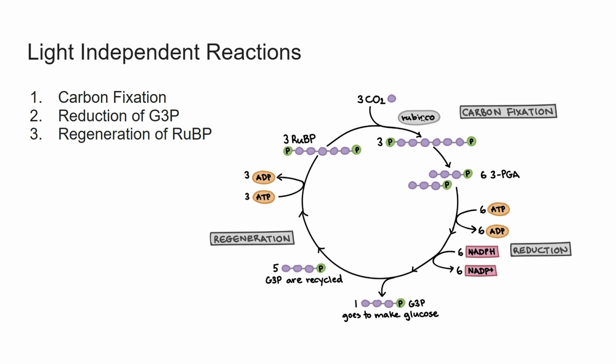And with the assistance of rubisco, which is an enzyme, carbon fixation happens, which means these 3 carbon dioxide molecules fix themselves to this RuBP, creating a 6-carbon, 2-phosphate compound.